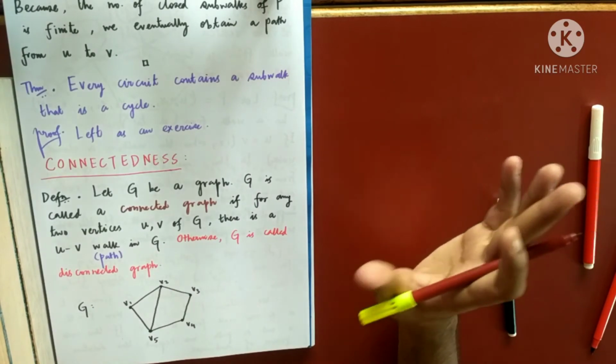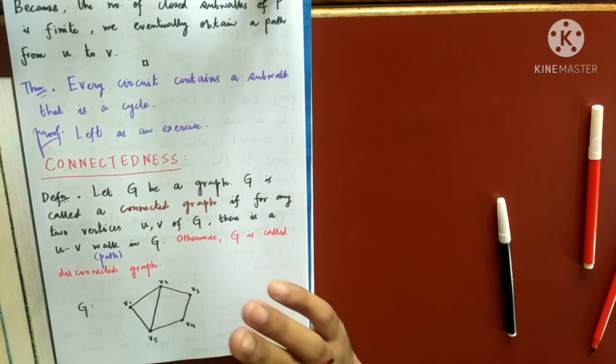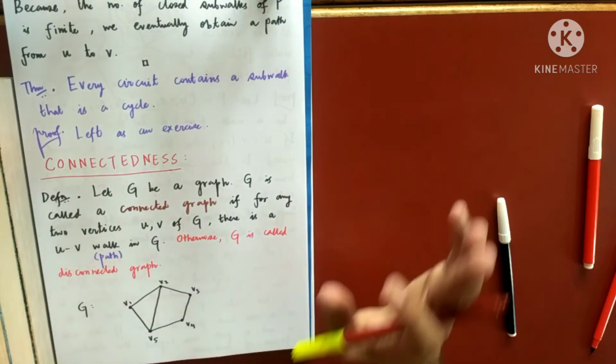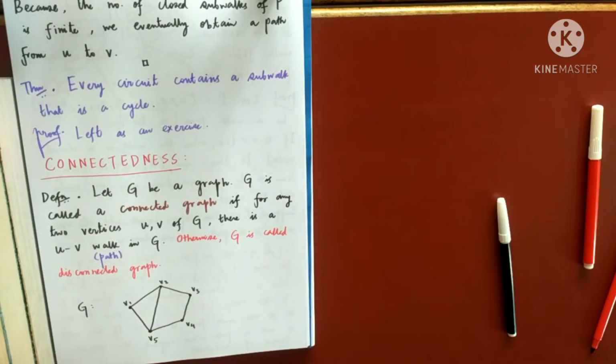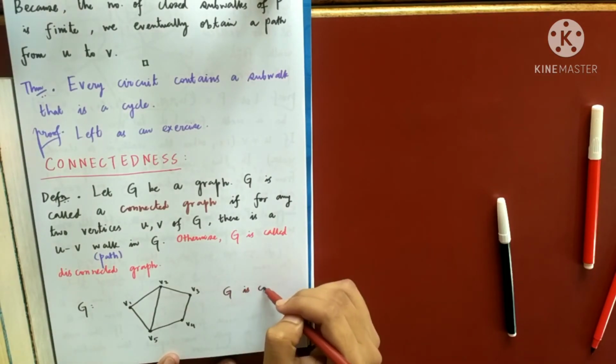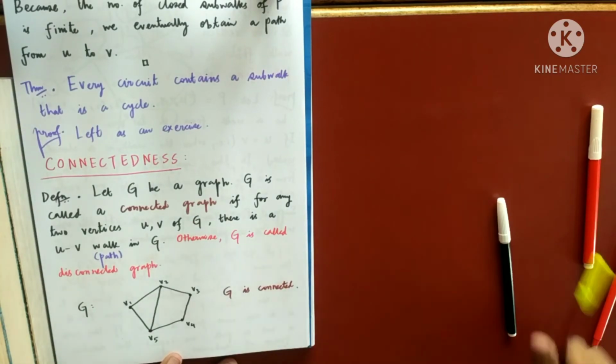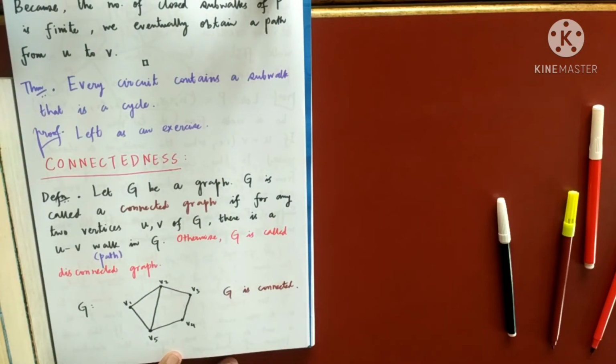Do you see that you give me any vertex, I can give you a walk or a path from that vertex to any other vertex. So G is connected. Did you understand the meaning of connected graph? G is connected.